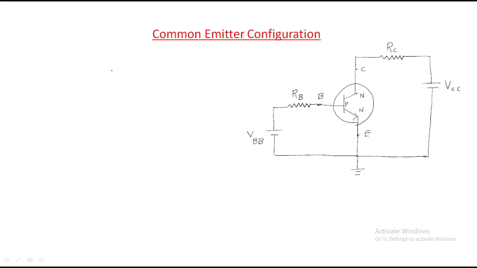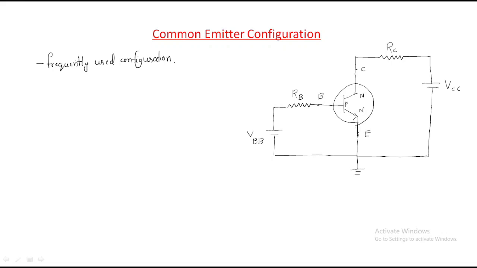This configuration is very frequently used, a highly used configuration, because it has many applications compared with the common base and the common collector. Here, the intention in any configuration is that we give some input and take some output.